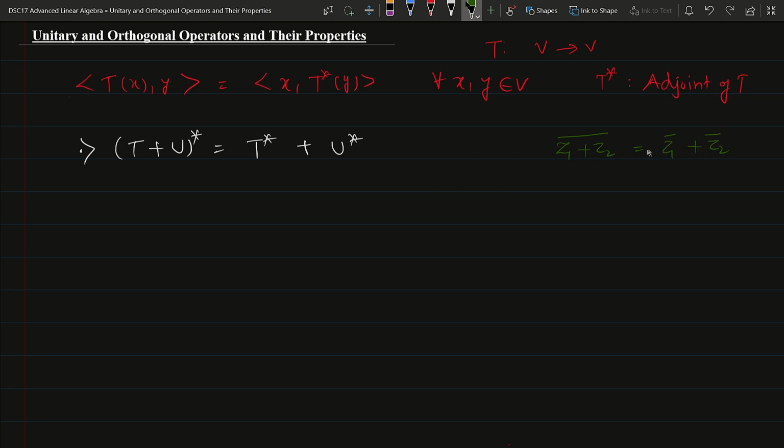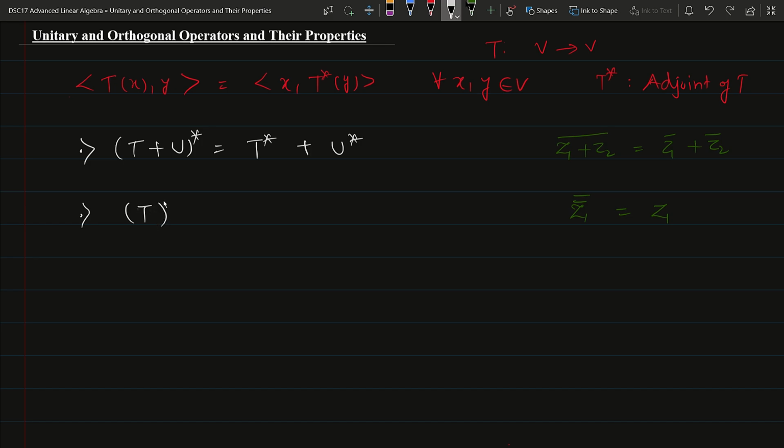So this kind of process that we are doing for the adjoint is done by the conjugate in the complex number system. Now if you think about z1 bar and then bar, that is, the conjugate of a conjugate is the complex number itself, and the same kind of thing is discussed for the adjoint also.